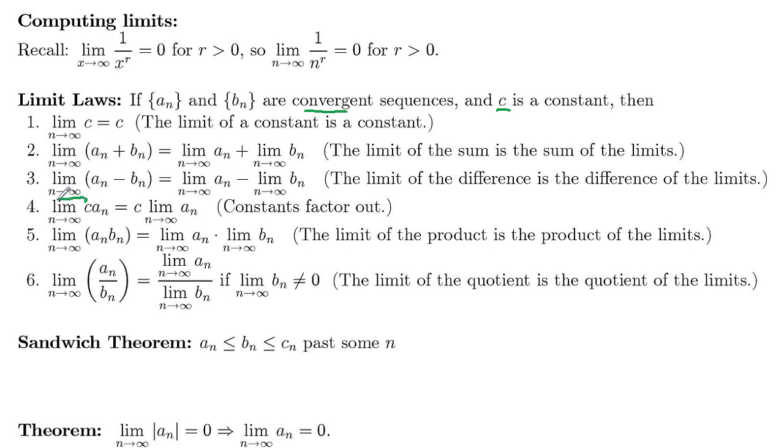Constants factor out, so the limit of a constant times a sub n is the constant times the limit of a sub n. The limit of the product is the product of the two separate limits. And the limit of the quotient is the quotient of the limits, as long as the denominator's limit is not equal to 0. You can't take a quotient with 0 in it.